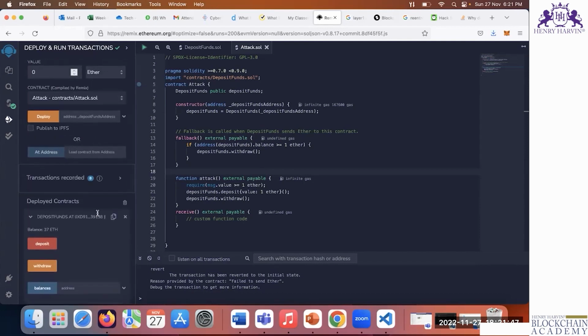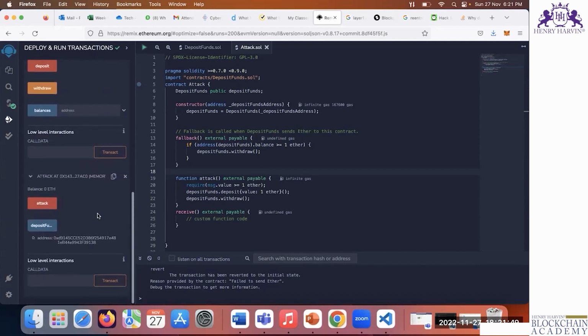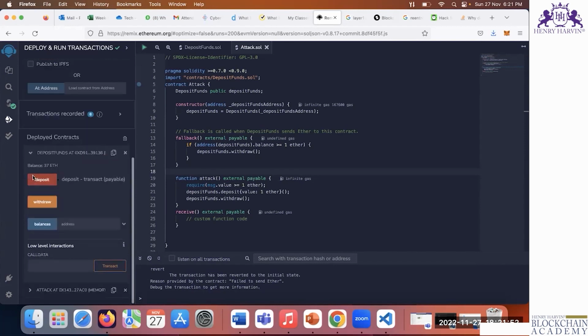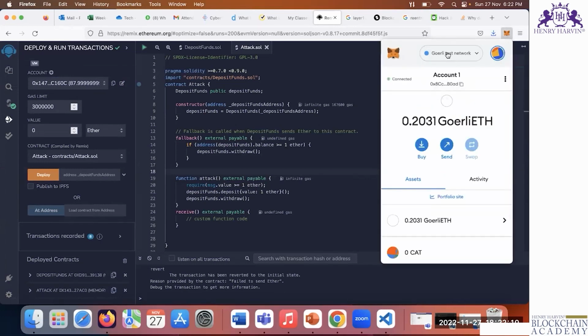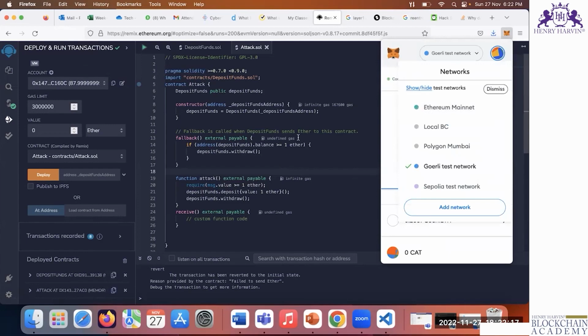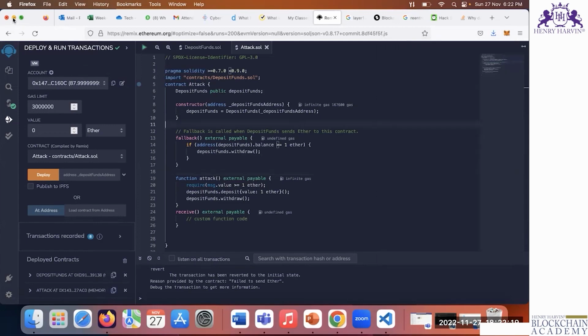What we can do is transfer some. That was the problem; this contract should have some balance. Okay, copy this account. How to send Ethereum to this account? We cannot do the same thing on the Goerli test network. Let me open the Ganache blockchain and do the same program.